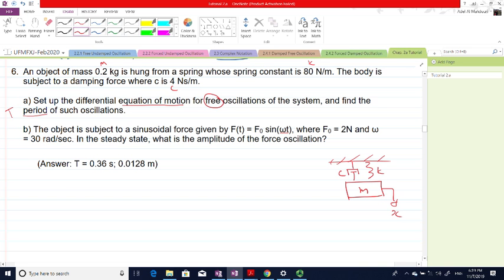So, how can we find T? It will be related to the frequency, right? Which is the natural frequency or the damped frequency. It's damped, so we need the damped period.